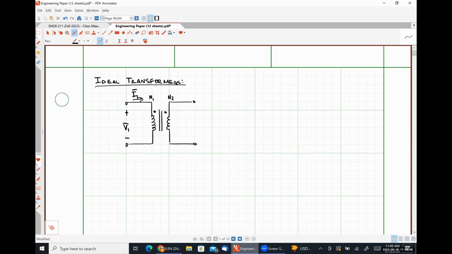Here is our arbitrary direction for our current I2, it also does not matter. Here's our secondary voltage V2.